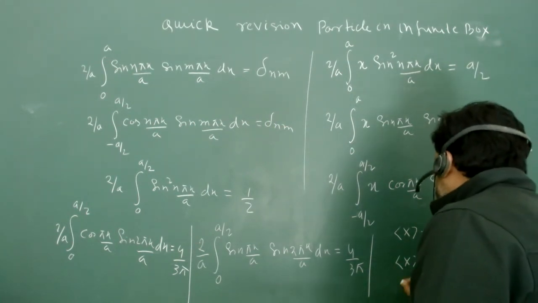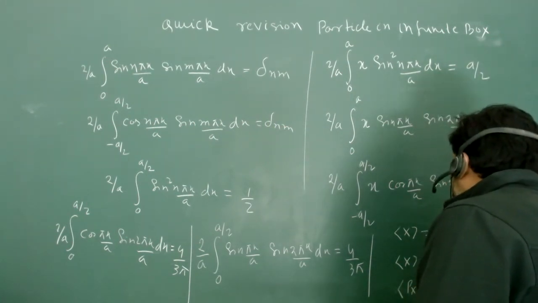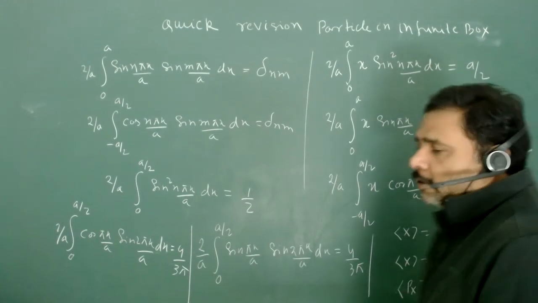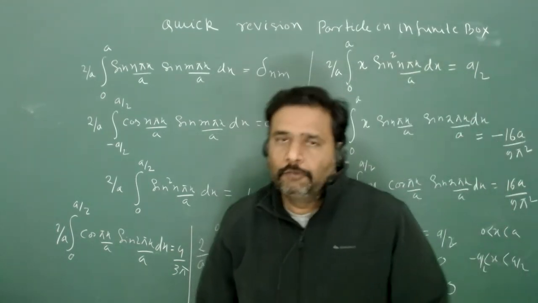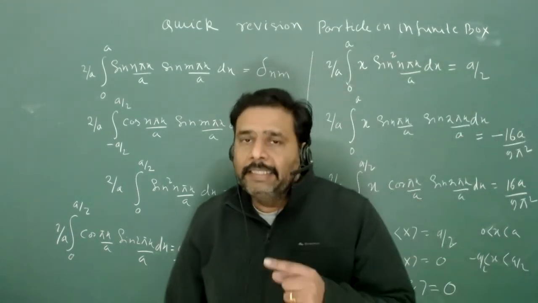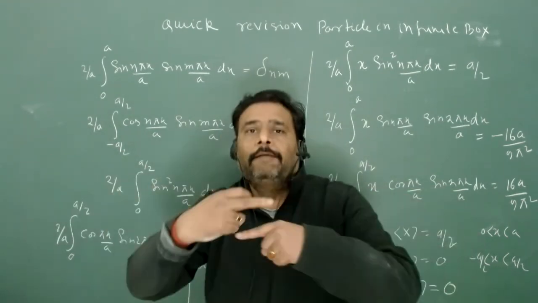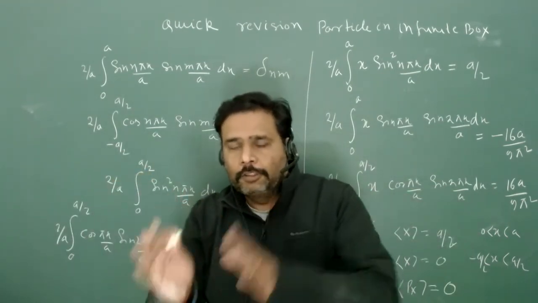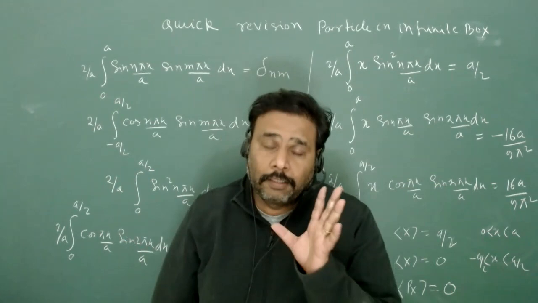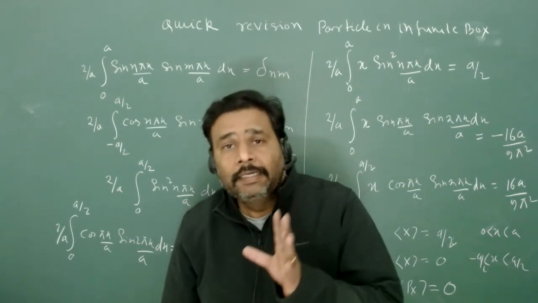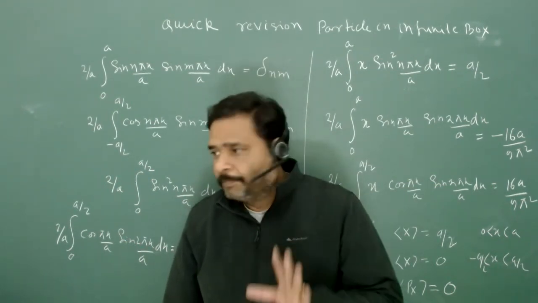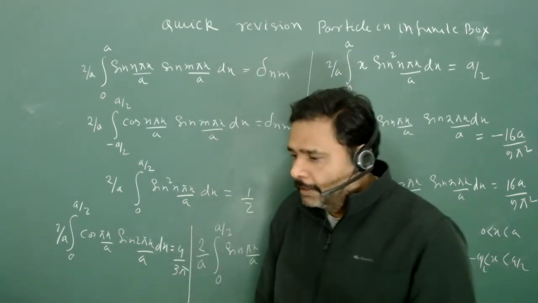You also have to remember that the expectation value of momentum is 0 for any state, because incoming momentum and outgoing momentum have the same probability and same weight. So the expectation value of momentum is 0, but the expectation value of momentum square is not going to be 0. You have to remember all these things.